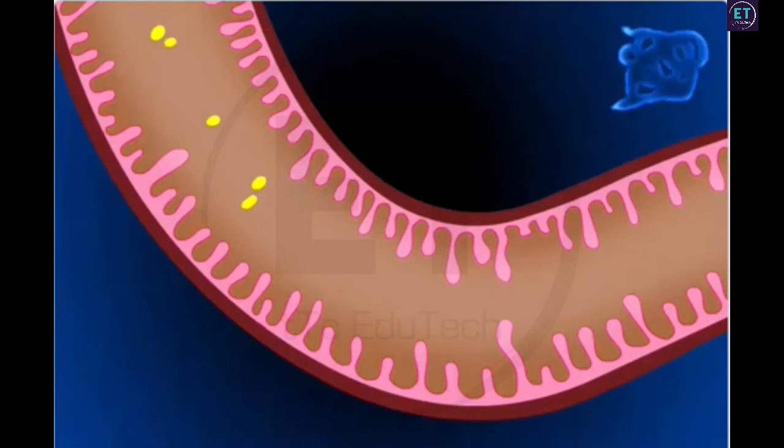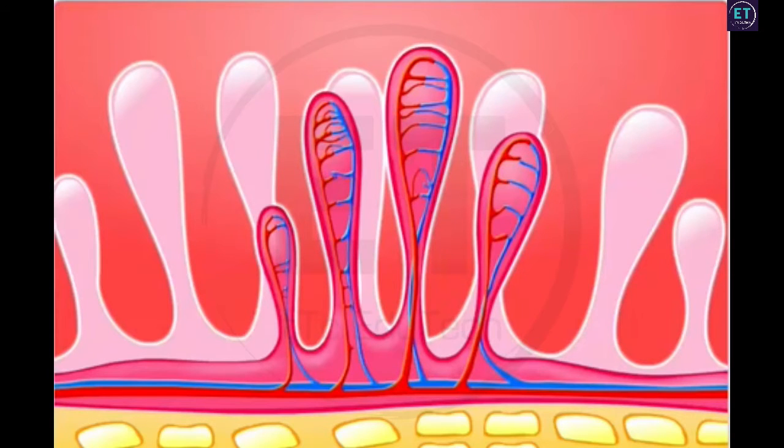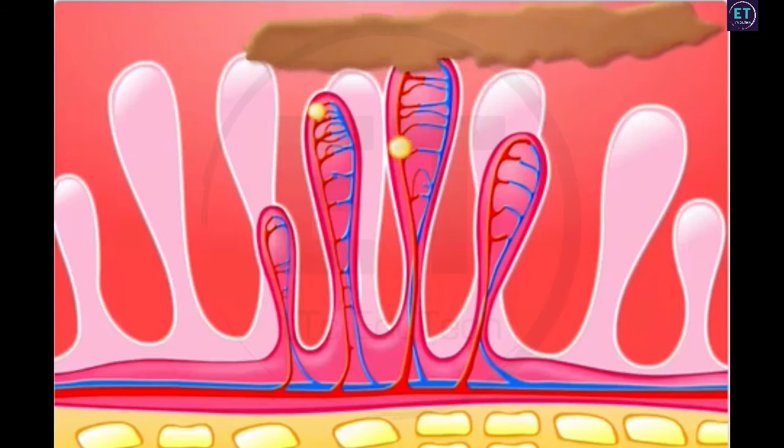Villi increase the surface area of the small intestine to ensure efficient and rapid absorption of nutrients. The villi are richly supplied with blood vessels which transport the absorbed food to all the cells in the body.